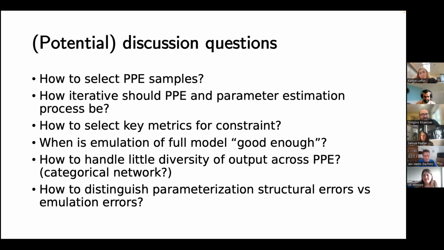Yeah, I think that's a good question, Greg. One thing that I have been seeing is that it might not be that you need every point to be raining or drizzling at the surface, or not zero, but you need a sufficient number so that you can do a good job of emulating those parameter combinations.